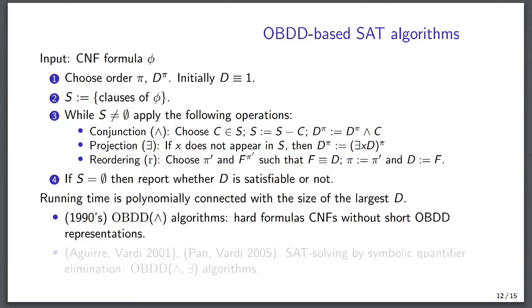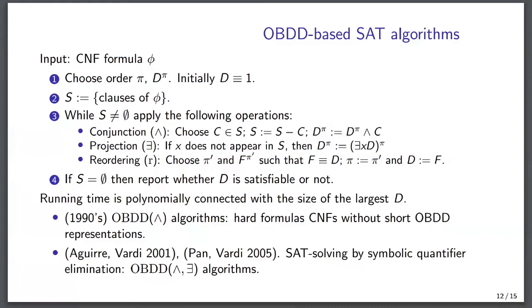They require a lot of time and a lot of space. Aguirre, Vardi, and Pan-Vardi exploited the approach. They use the conjunction rule and the projection rule, and they call this approach symbolic quantifier elimination.